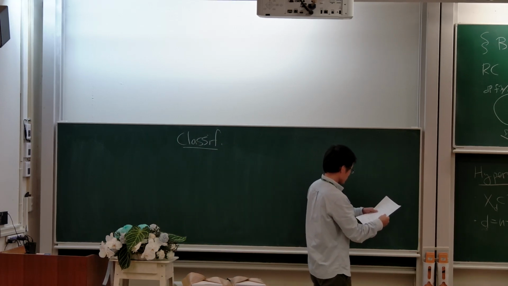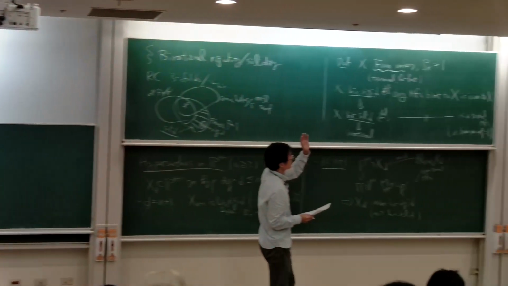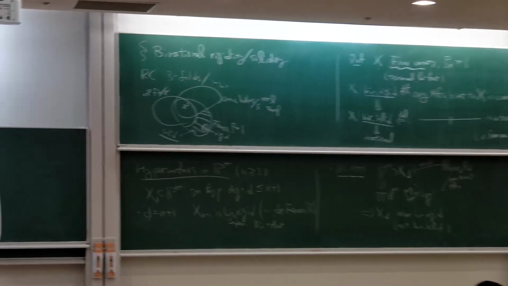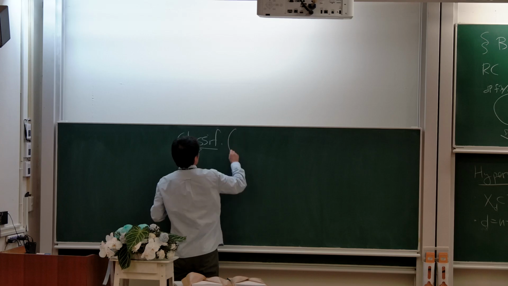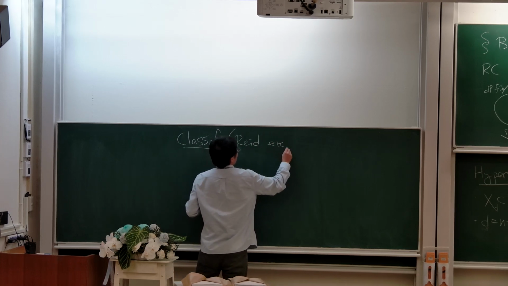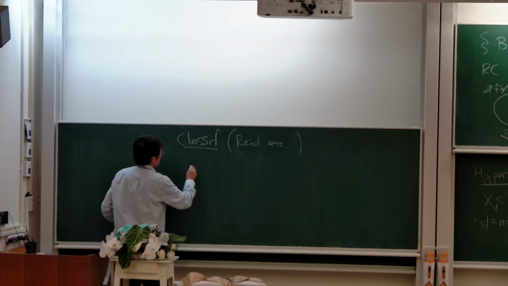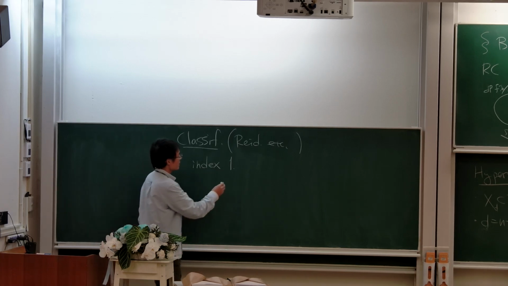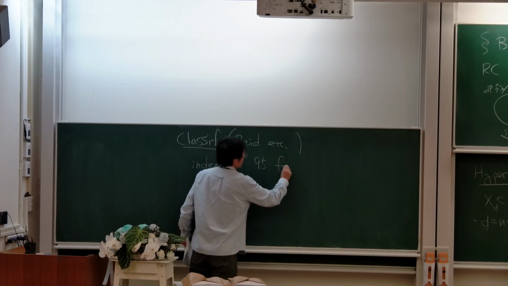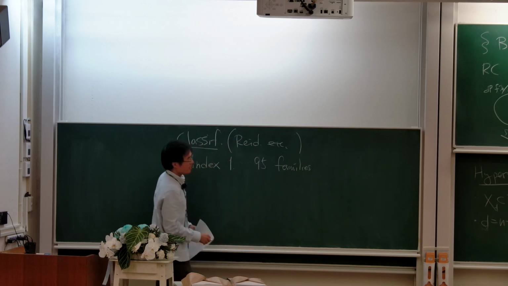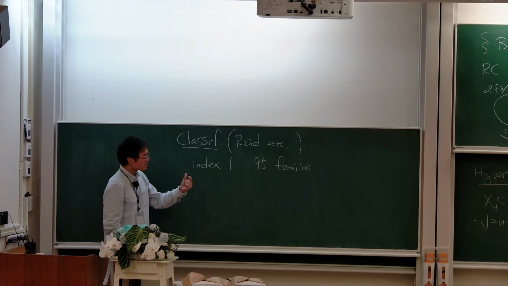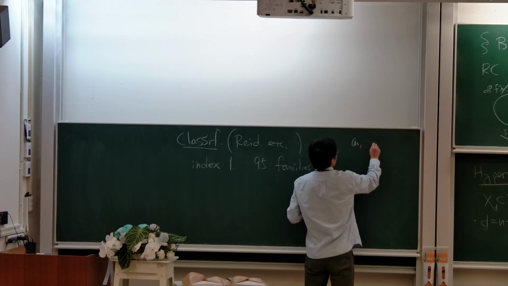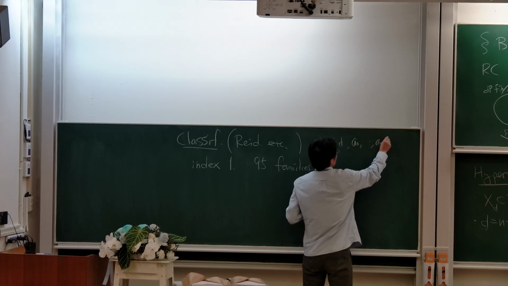So I briefly explain the classification of these quasi-smooth hypersurfaces which are Fano threefolds. First of all, we have the index 1 hypersurfaces, and there are 95 families, and this means 95 tuples of weights and degree.